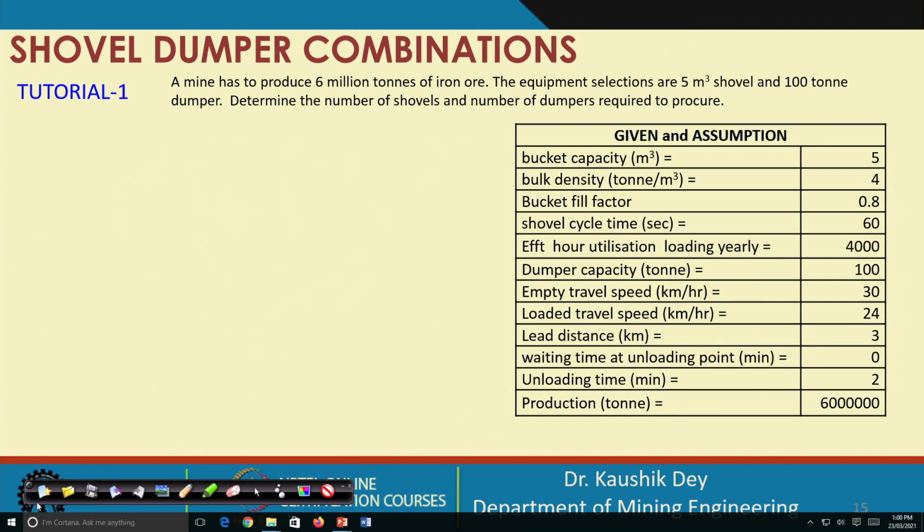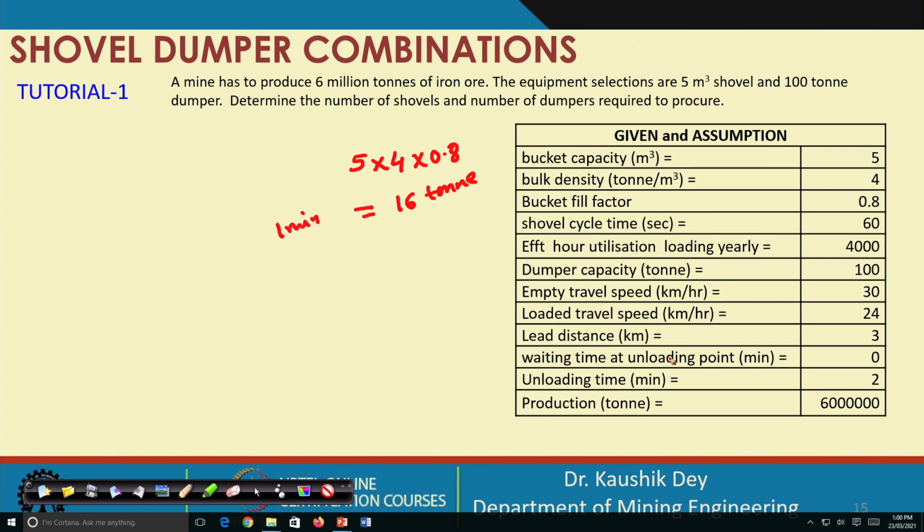So, now let us try to find out. The capacity of the bucket is 5 meter cube, bulk density is 4, and bucket fill factor is 0.8. So, one bucket load is basically 16 ton, and a shovel is handling this 16 ton in 1 minute.